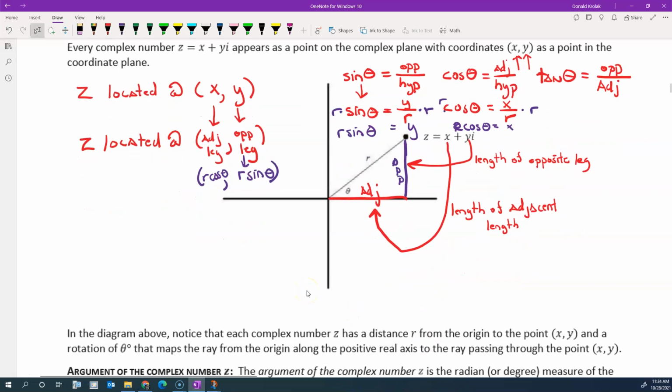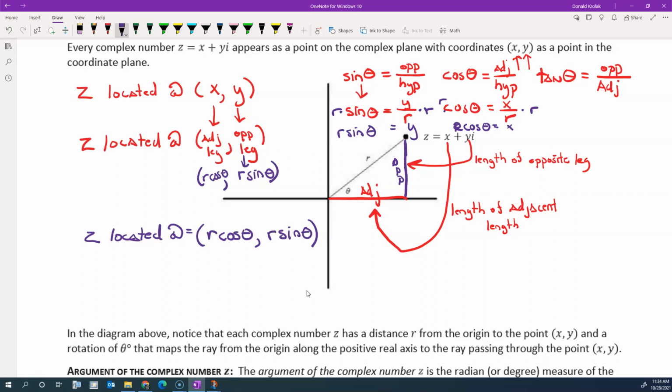So what you just did, you took x and turned it into an angle times a radius, and you took the length of y and turned it into an angle times a radius. So z is located at the radius times the cosine of the angle, and your other coordinate is the radius times the sine of the angle. That's the exact same thing.